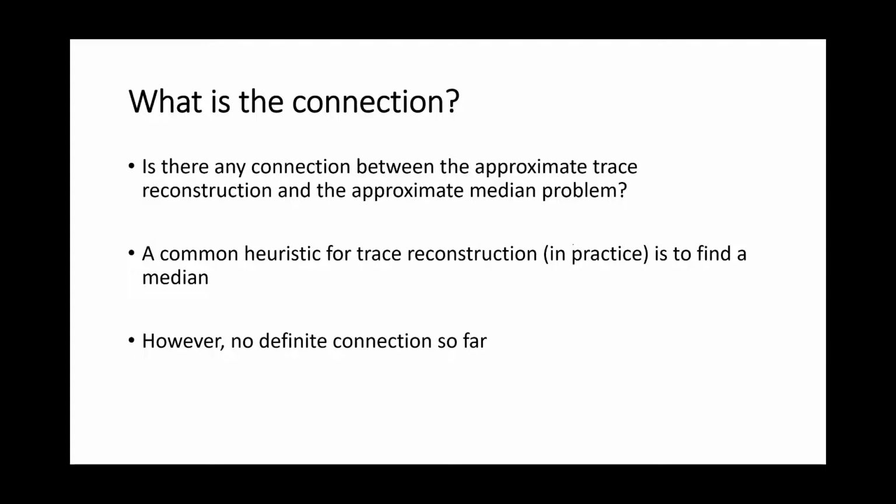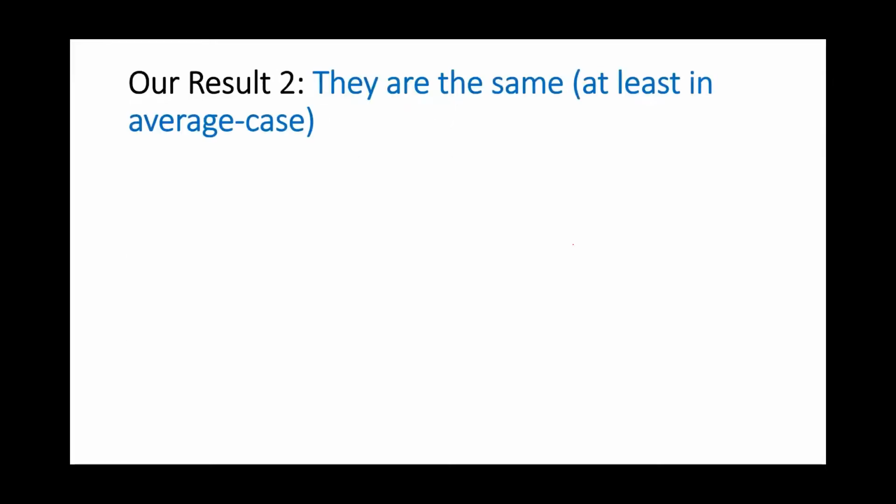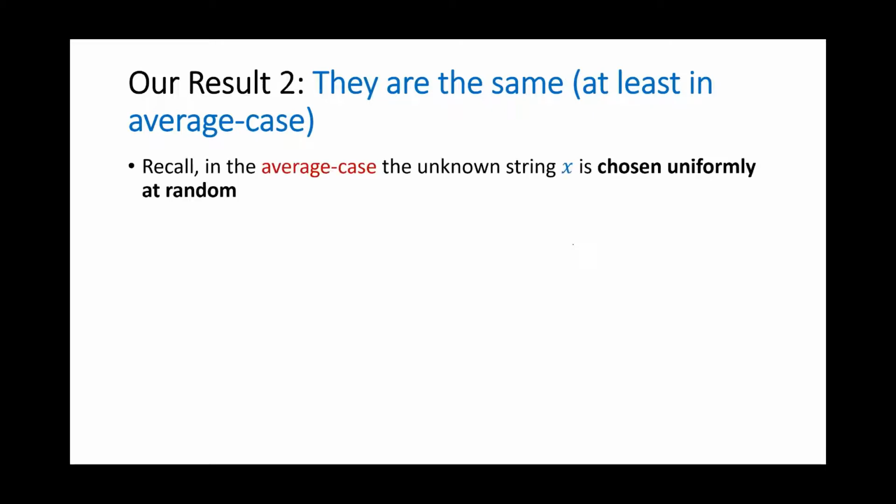But now, you may wonder why I'm talking about this median string problem when our main result is on trace reconstruction. Is there any connection between these two problems? Well, a common heuristic for trace reconstruction in practice is to find a median. But so far, there's no definite connection between these two problems. So one of our results in this paper is that these two problems are essentially the same, at least in the average case.